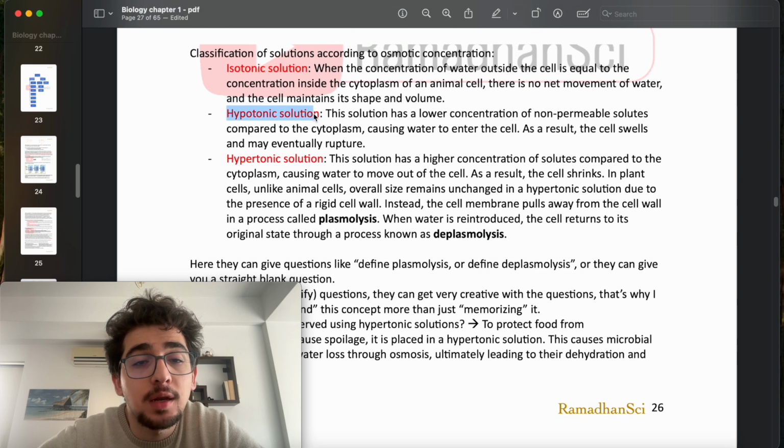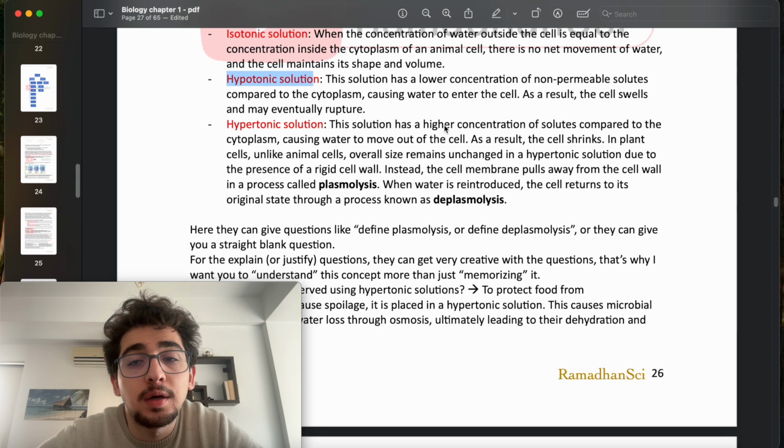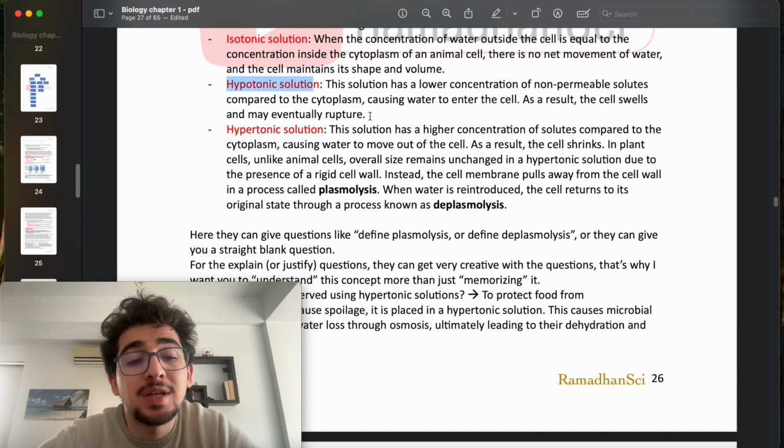But if I have a hypotonic solution, the solution will have a lower concentration of solutes outside of the cell compared to the inside of the cytoplasm. Again, I have low concentration outside of the cell, and the high concentration of solutes is inside of the cell.